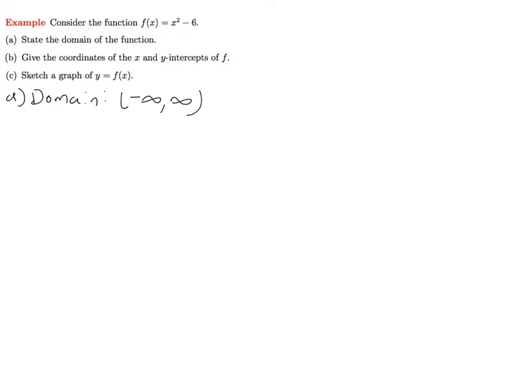In part B, finding the intercepts, let's first find, say, the x-intercept. And to find the x-intercept, recall that these are going to be the values of x when we plug in to the formula, give us an output of y is equal to 0. So we set y equals 0 and solve for x.